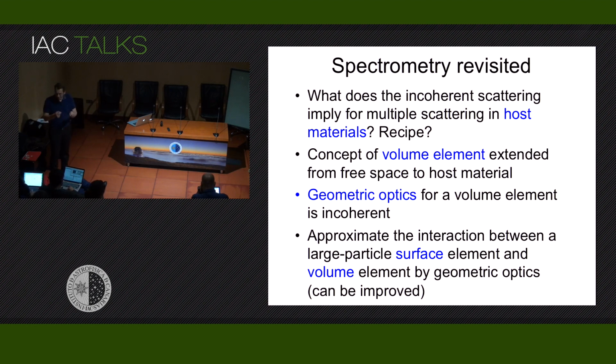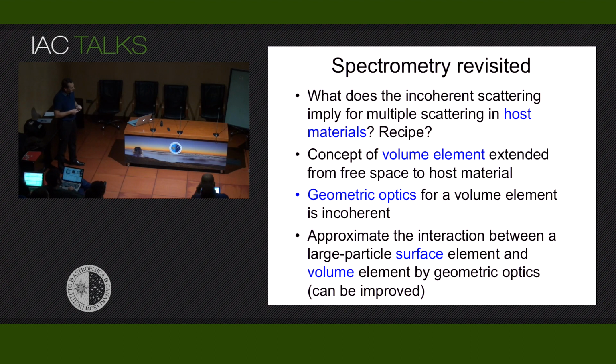Okay, it seems clear that we can define a volume element inside the particle in very much the same way. Now everything is just in a host material, and then we have an isolated volume of inhomogeneities, and we can compute this in a system and have a volume element very well defined for an internal medium. Okay, that's fine. Then we have to discuss the actual boundary between the large particle and the medium inside.